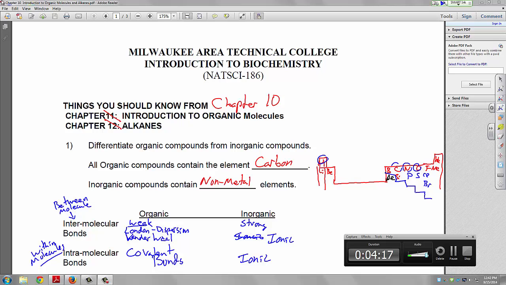In organic compounds, they exist as molecules, and so when you heat up an organic compound, you're breaking these weaker intermolecular bonds. You're not breaking the covalent bonds. The molecule stays intact, but you're breaking the weaker interaction between the molecules.